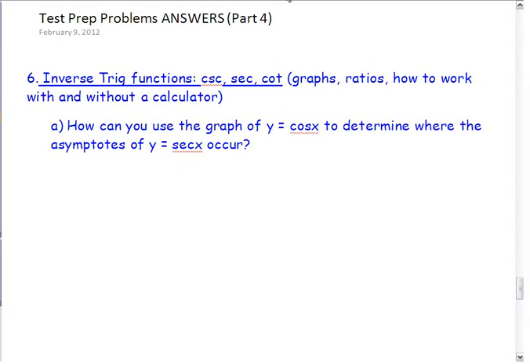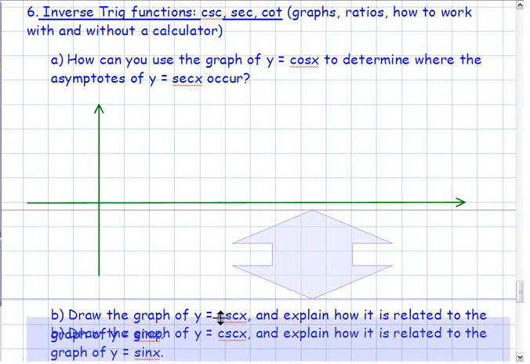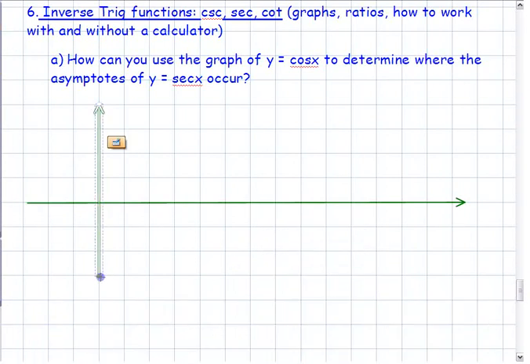If you have the graph of cosine, which we will hopefully create pretty quickly here. Okay, this is going to be our graph here. If we know where the graph of cosine is, cosine starts at 1, and this is going to work for 2 pi, 4 pi, and so on, right?